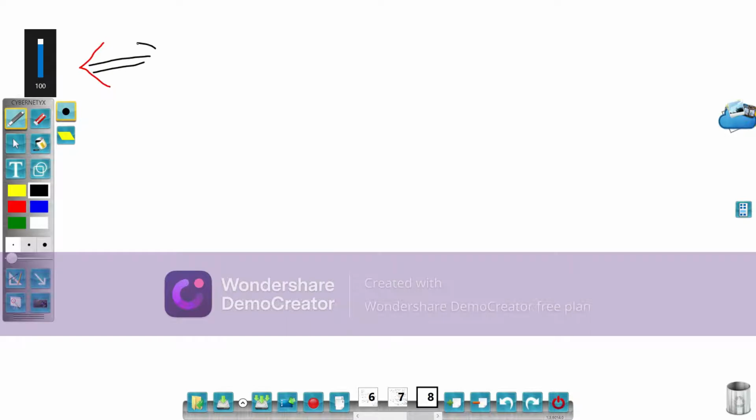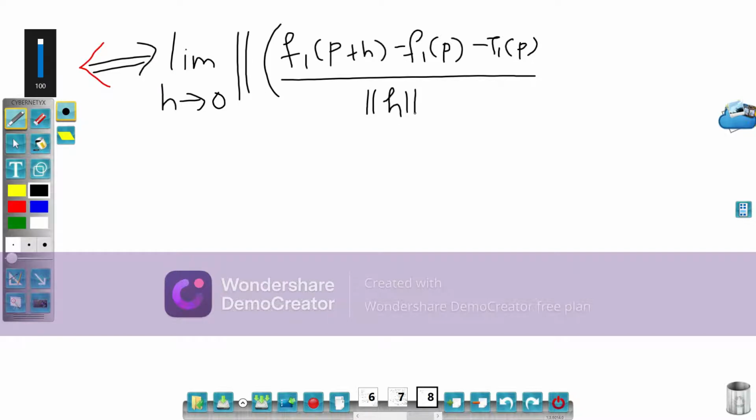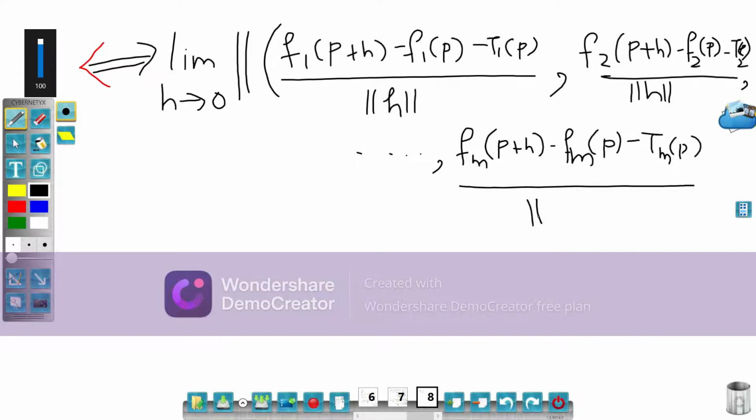This is if and only if limit as h goes to 0 of norm of, so this norm will get cancelled, f1 at p plus h minus f1 at p minus t1 at p upon norm h, comma, f2 at p plus h minus f2 at p minus t2 at p upon norm h, comma, dot dot, fm at p plus h minus fm at p minus tm at p upon norm h. This bracket complete, norm h, this is equal to 0.